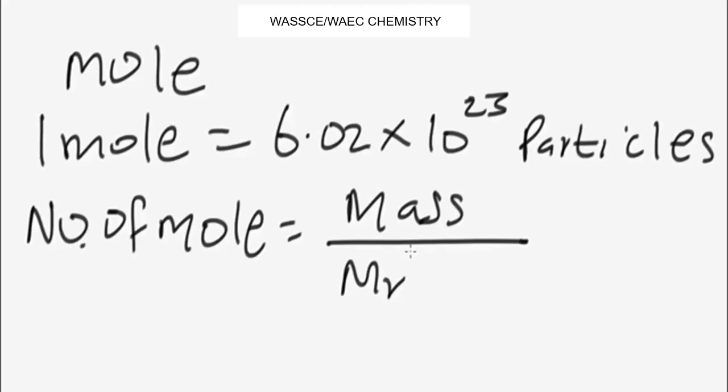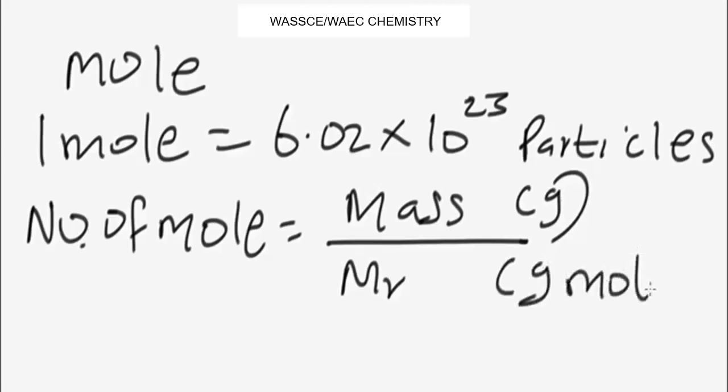Remember, you can call it relative formula mass or molar mass. Take note of this. The mass of the substance is usually measured in gram. The relative formula mass or the molar mass is measured in gram per mole. Take note of these respective units.